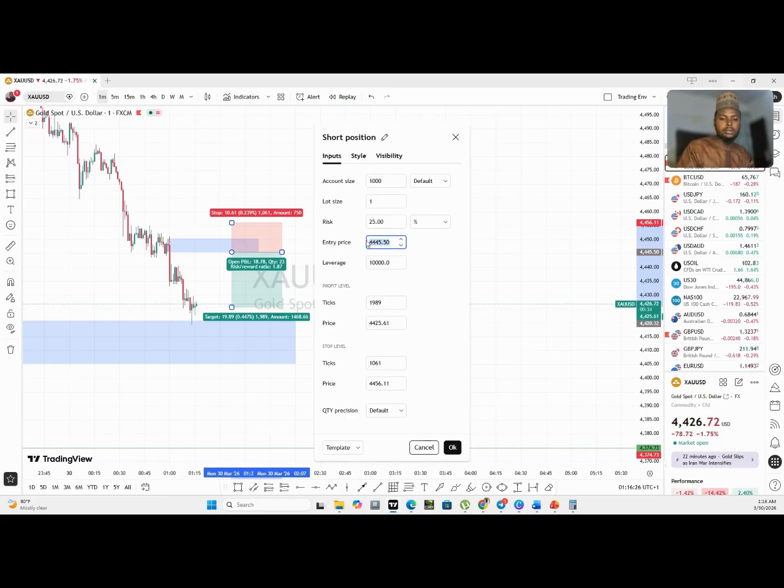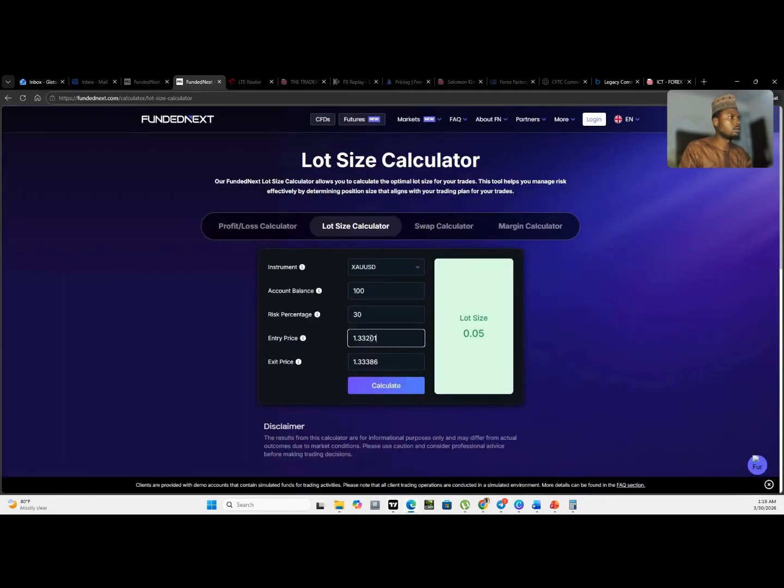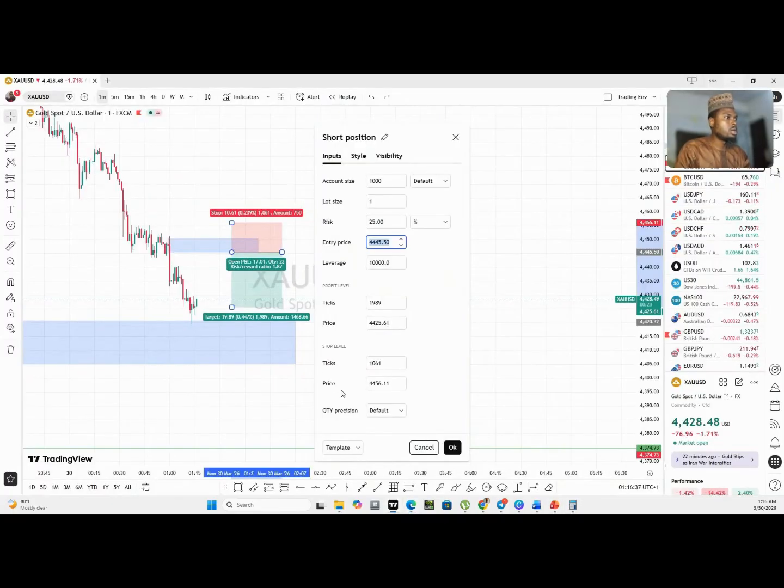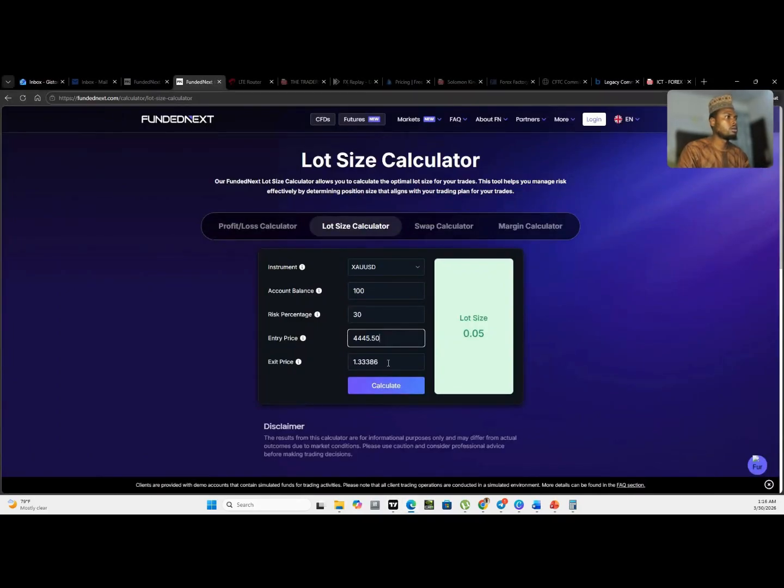Entry price, SL, as you can see, we are correct, 0.03.